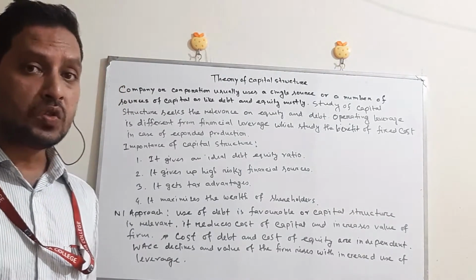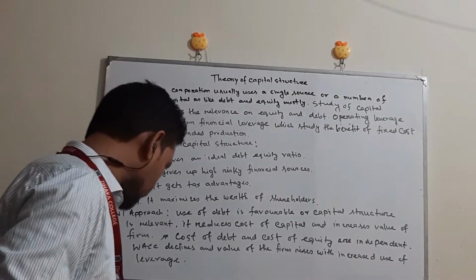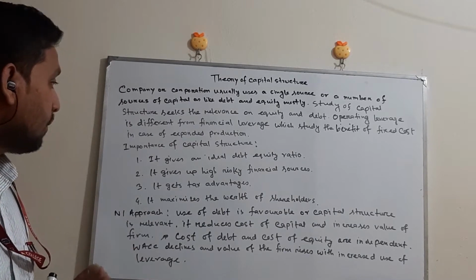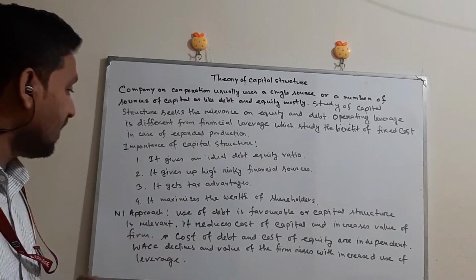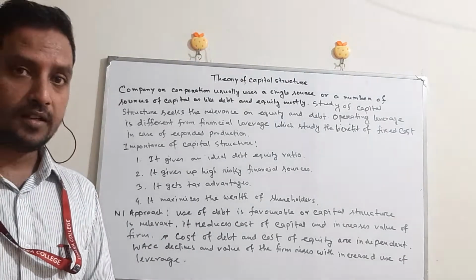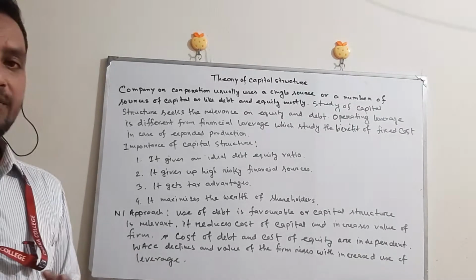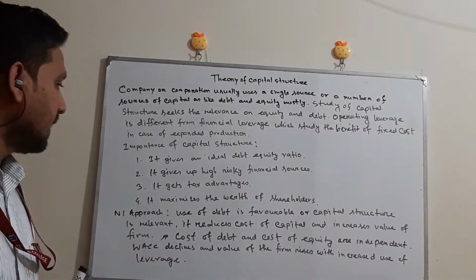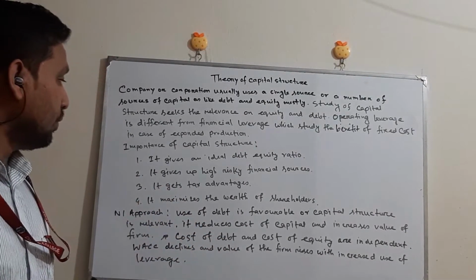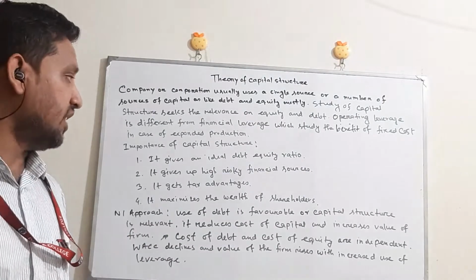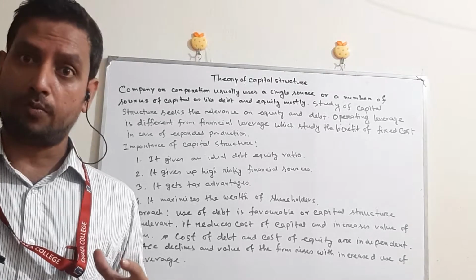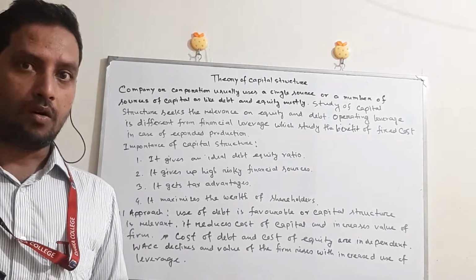Whenever we use debt or financial leverage, and the use of debt is favorable or the capital structure is relevant, then it reduces the cost of capital and increases the value of the firm. I said that when we use debt or financial leverage, the financial leverage is favorable, not unfavorable.